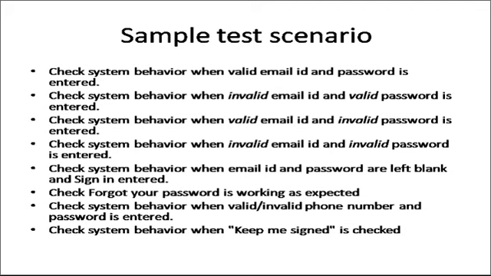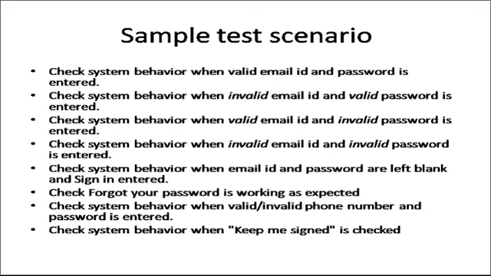Check system behavior when an invalid email ID and invalid password is entered. Check system behavior when email ID and password are left blank and sign in is clicked. How will your system behave when the user has not entered any email ID and password and has directly clicked on the sign in option?